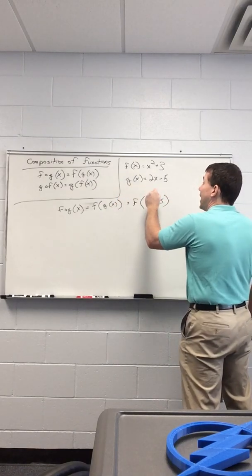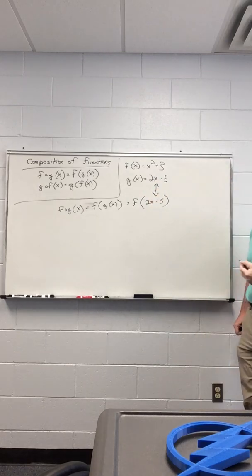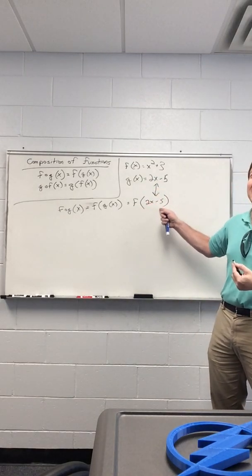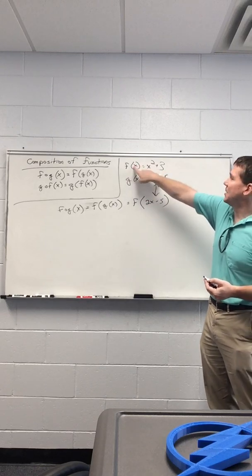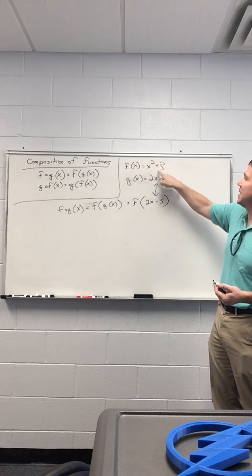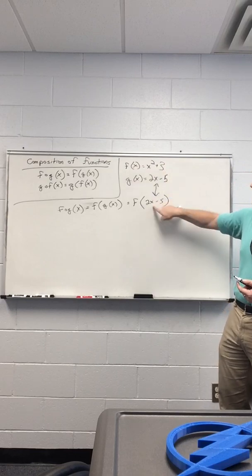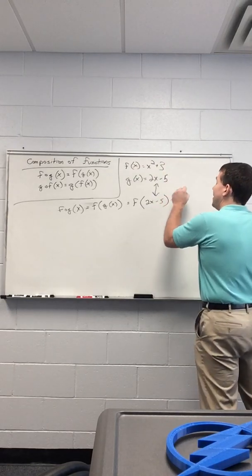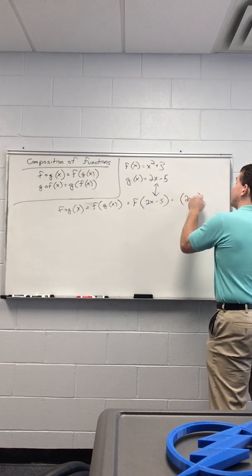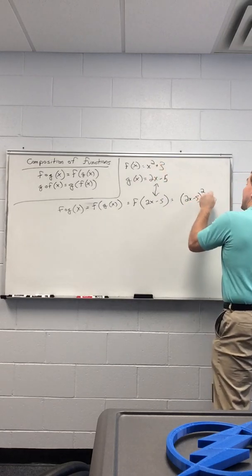I replace g of x with g of x. Now, apply f to that. What does f do? It takes whatever you plug in, squares it, and then adds 3 to it. Now I'm plugging in 2x minus 5. So I take 2x minus 5, square it, and add 3 to it.